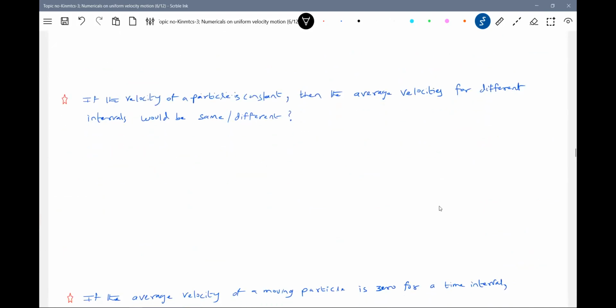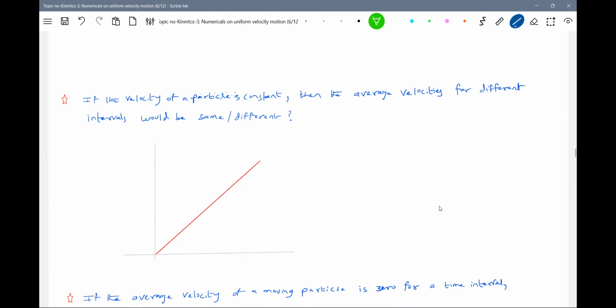If the velocity of a particle is constant, then is the average velocity for different intervals the same or different? It will be the same. You can take any interval of time. Everything is better interpreted through a graph, so that will be easy for us.